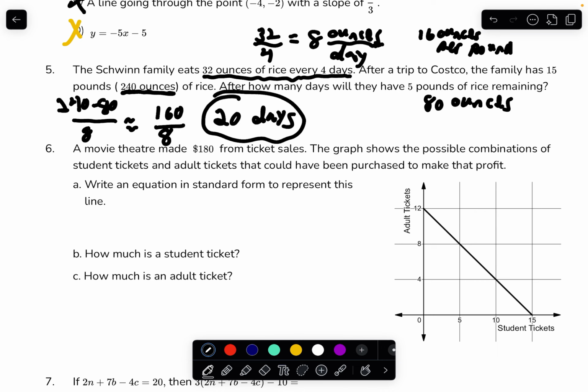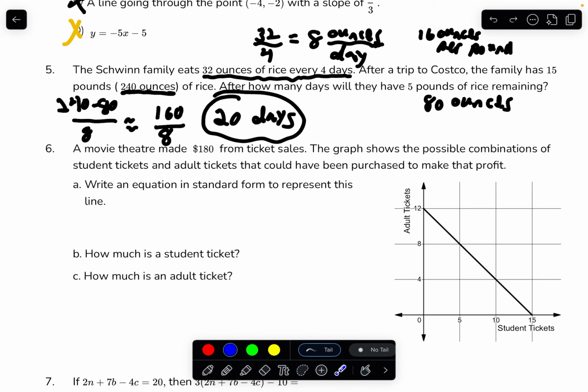they'll have 5 pounds. Again, what I did is I figured out if it's 32 ounces every 4 days, I divide 32 by 4 to get my ounce. This is the key step to get my ounces per day. Once I got that, I had to take the 240, and then they said how much would be 5 pounds remaining. I had to figure out that there were 16 ounces per pound by taking 240 divided by 15 to give me the ounces per pound.